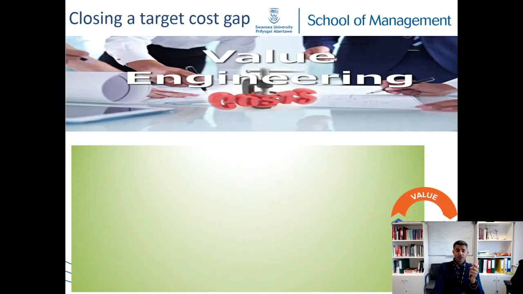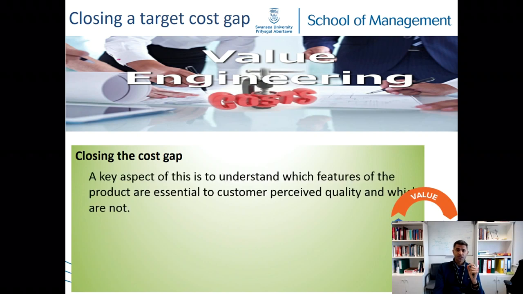Right, so the value engineering, I did mention it briefly, but one of the important things you need to look at is to understand which features of the product are essential to customer perceived quality and which are not.